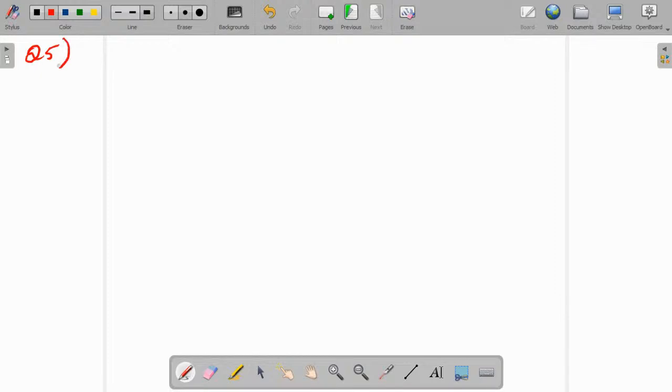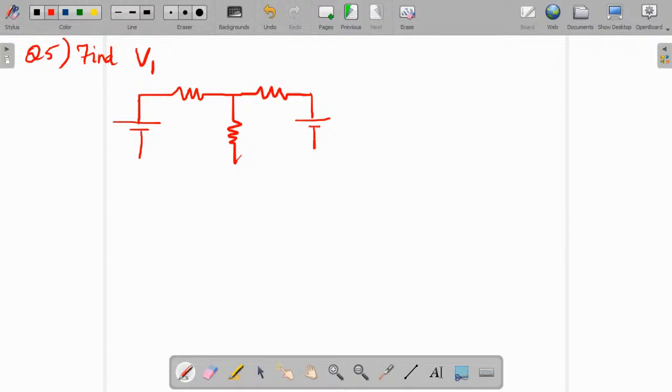Question number 5. Find V1. Find the node voltage V1. Volt, 1 ohm, 3 ohm, 2 ohm and 2 volt.